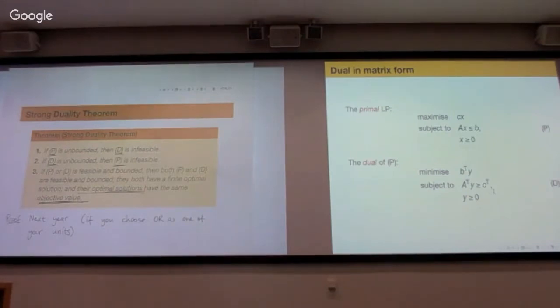One of them is that it's basically at the heart of a theoretical explanation why we can solve linear programs very quickly. Because when people study lots of other optimization problems, there's always some sort of duality like this. You can always try, with an optimization problem which is not necessarily linear, to produce some kind of dual problem.